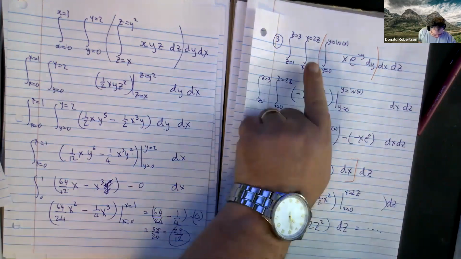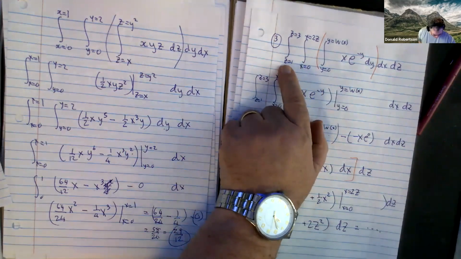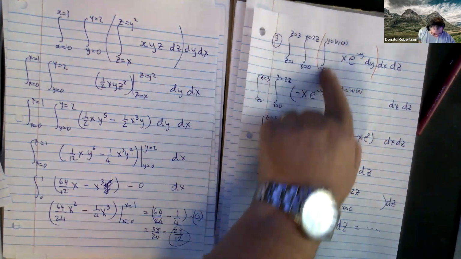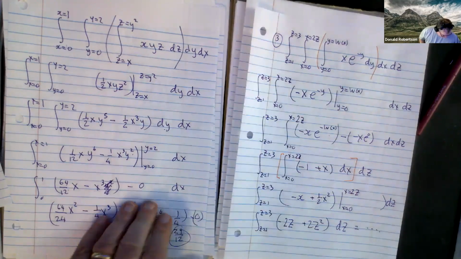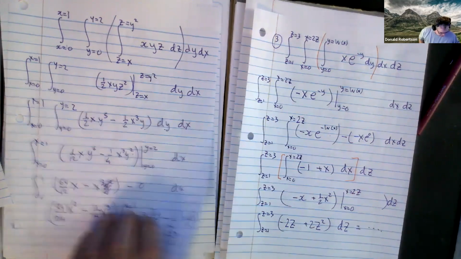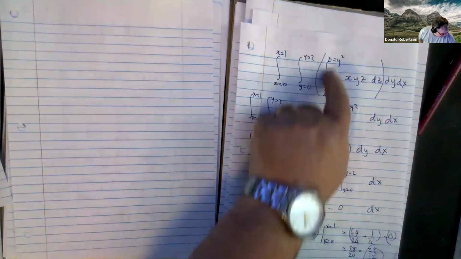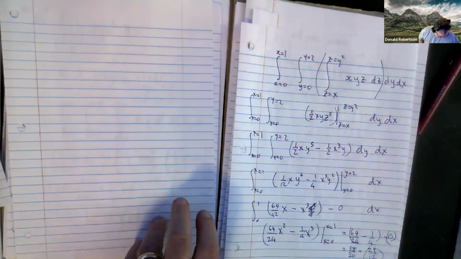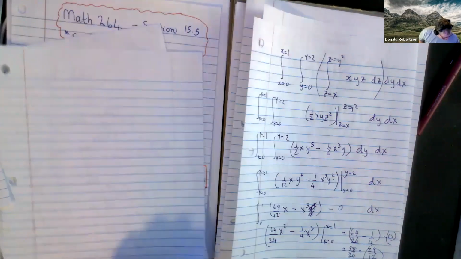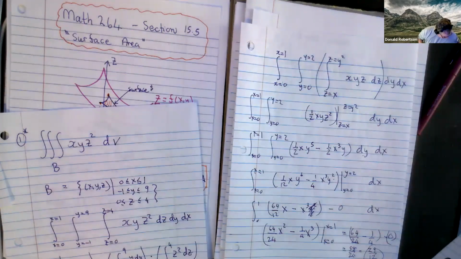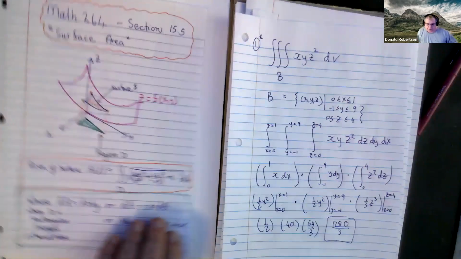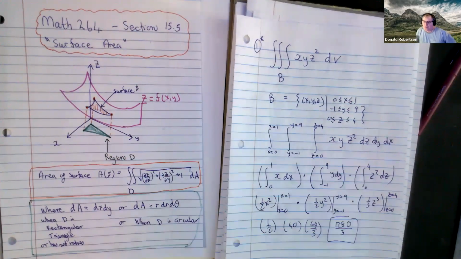So, a triple integral with two of the limits of integration containing variables. A triple integral where one of the limits of integration contains a variable. And although I can't find it, here we go. And a triple integral where everybody is a number.